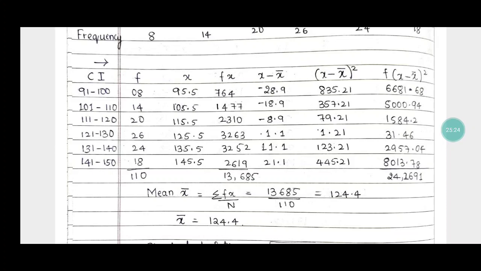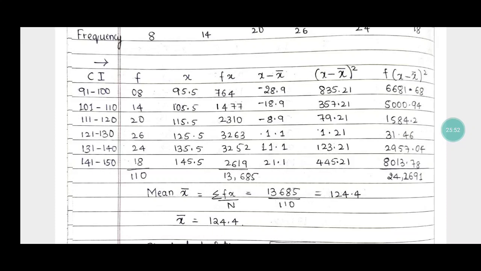So x we know, that is 95.5, and we have to calculate x bar. The formula for x bar, the mean, is the summation of fx divided by n, where we got the value of fx as 13,685, divided by f.